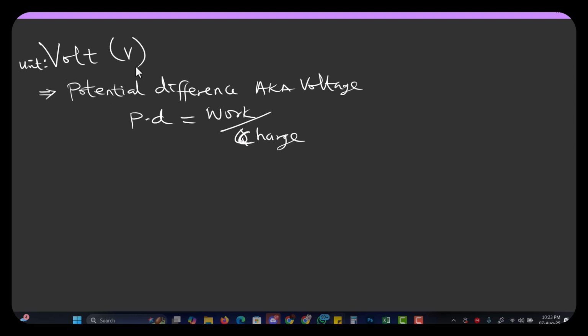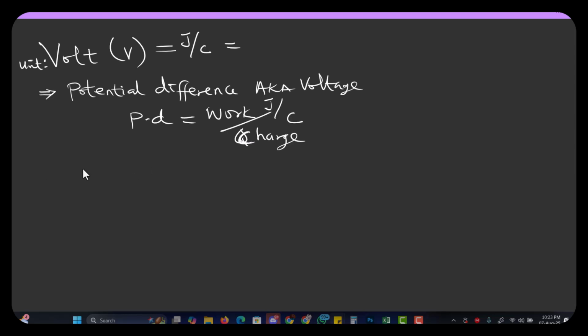But we are trying to see if we can get an alternate unit apart from volt. Since I know that the formula is work over charge, the unit for work is joules, and the unit of charge is coulombs. So you now see that another unit of volt is going to be joules per coulomb.